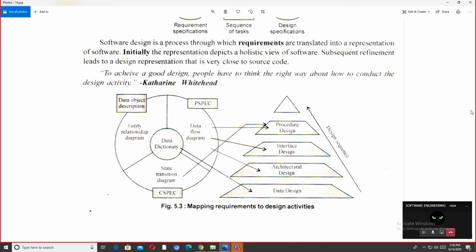Now, once the processes are there, you can easily work on them, and you can directly code them into source code.